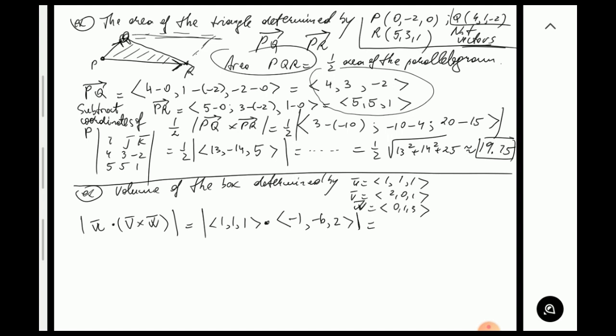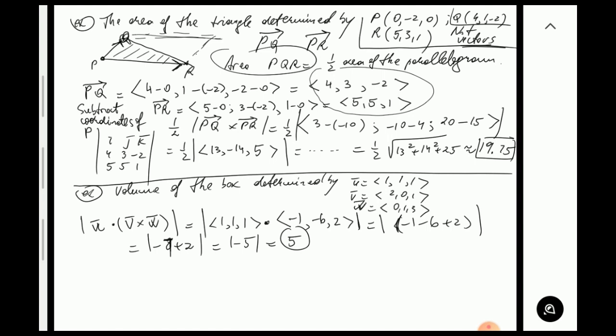All right, so there's going to be the absolute value of the dot product with the remaining one, which is minus 1, minus 6 plus 2. That gives me the absolute value of minus 7, so that's going to be 5. So the volume of the slanted box is 5.